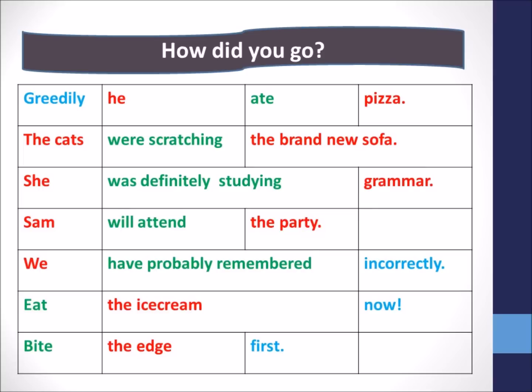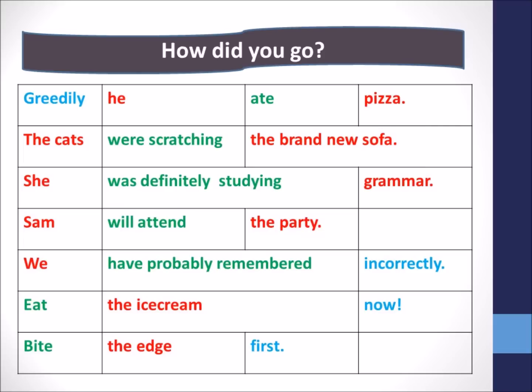And studying is the actual happening. So was definitely studying becomes the process, becomes the happening in this clause. Who was definitely studying? She was. What was definitely being studied? Grammar.